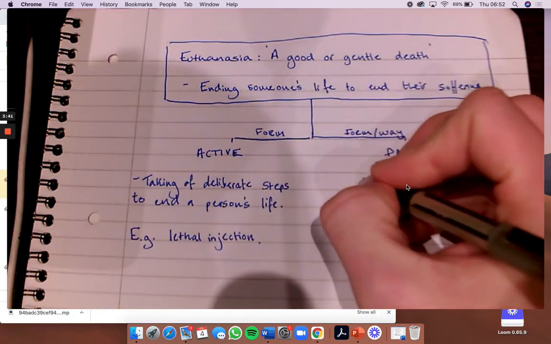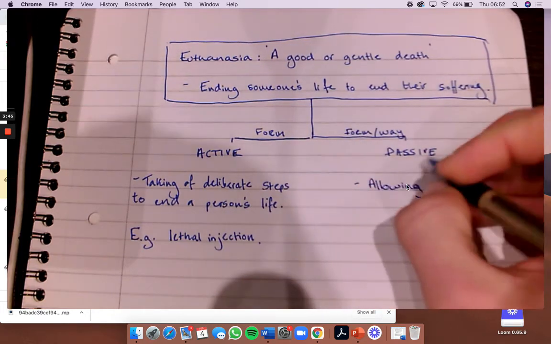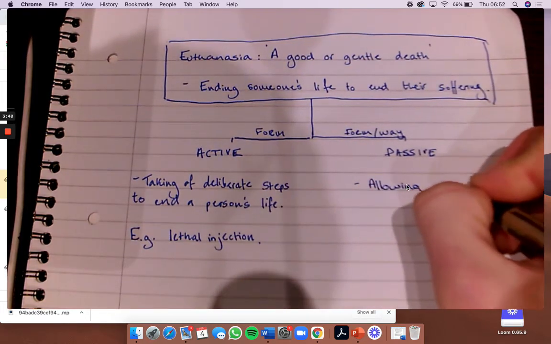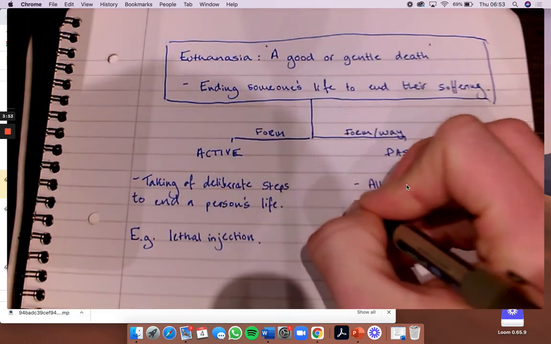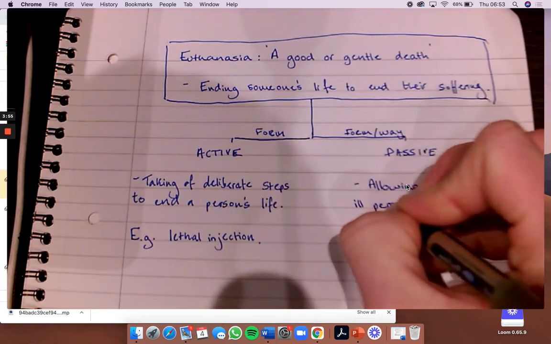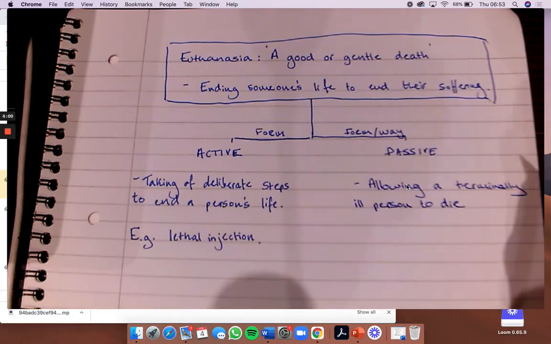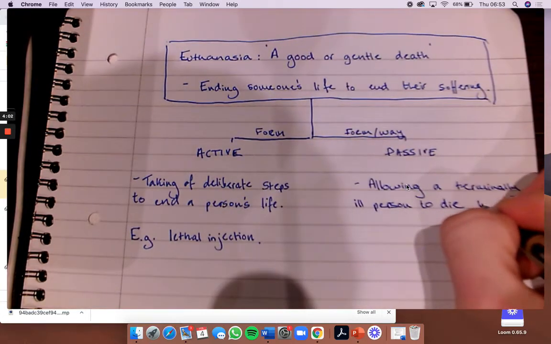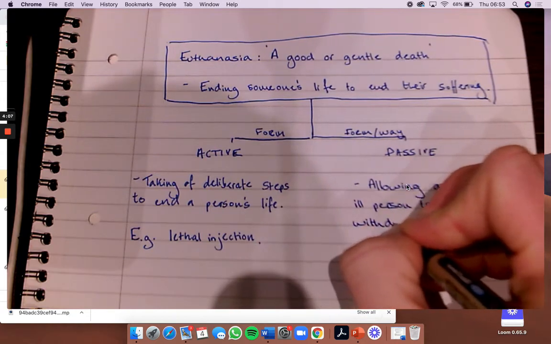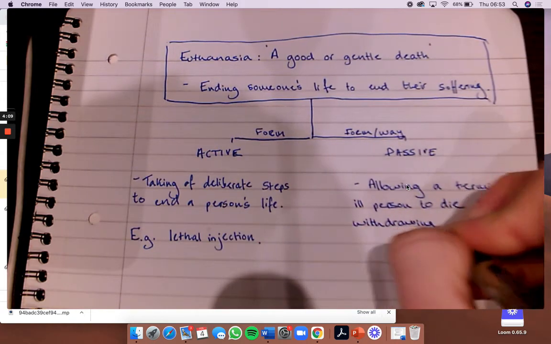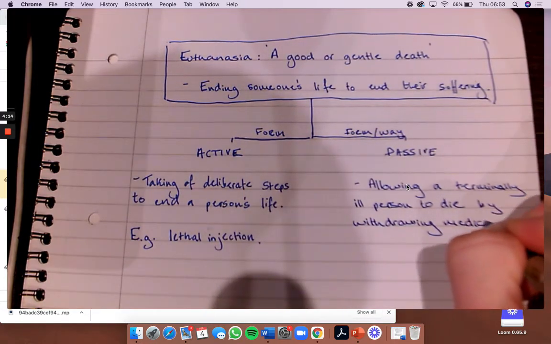It is the allowing a terminally ill person to die by withdrawing medicine.